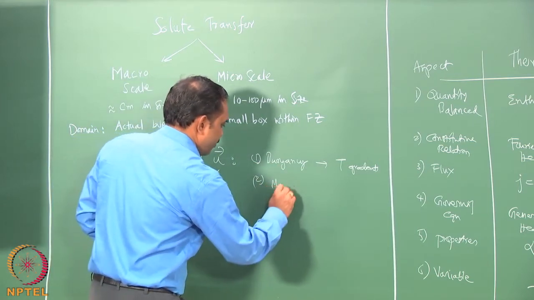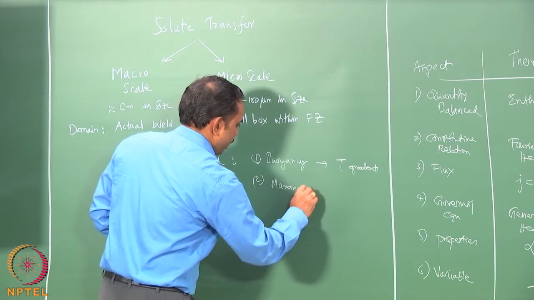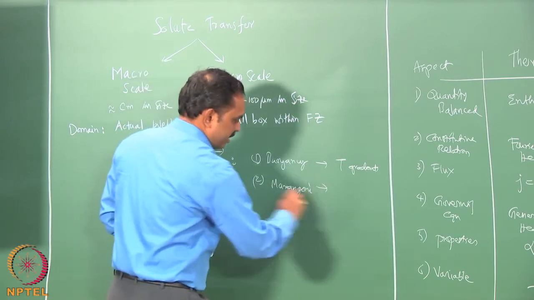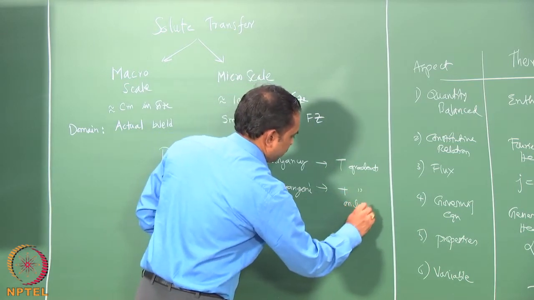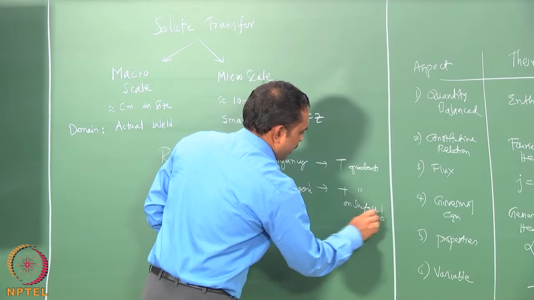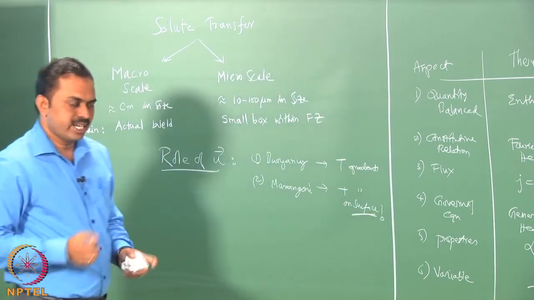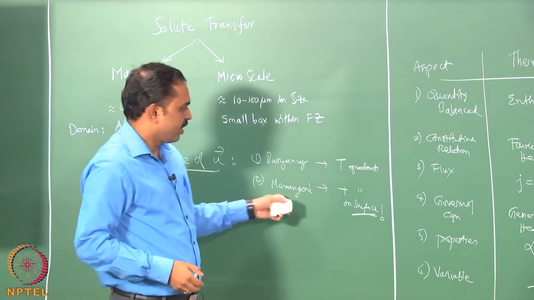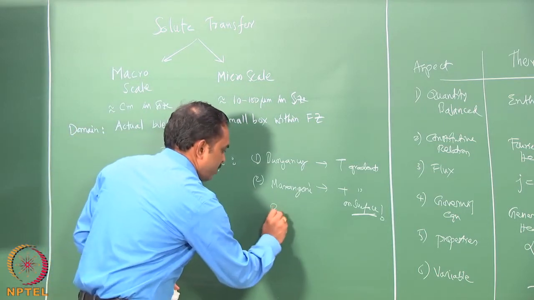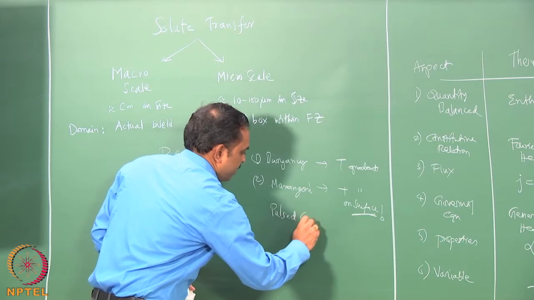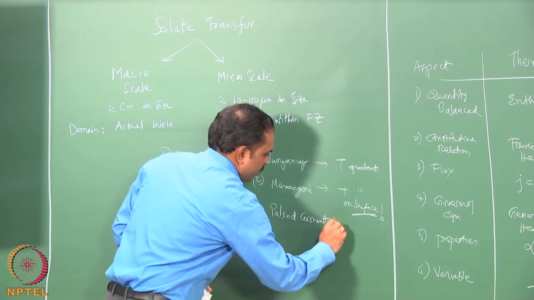The second driving force would be Marangoni, and this is also strongly dependent upon the temperature gradient on the surface. Now, this could change when we use what is called a pulsed current. Look at what happens if you have a pulsed current heat source.